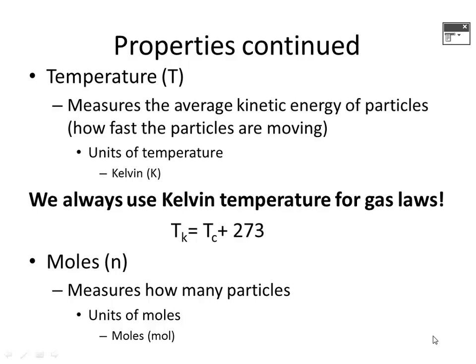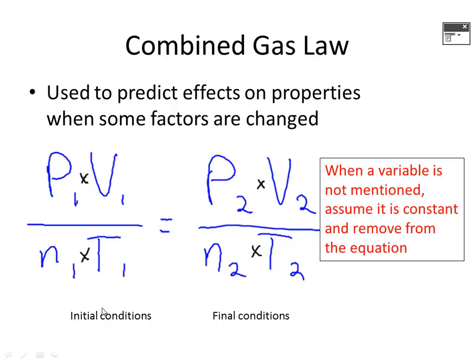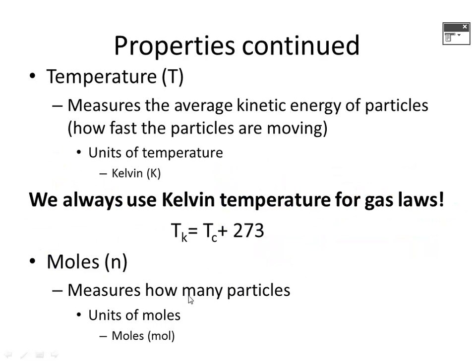So the last property is one that we're going to be reviewing here, and that's moles. The variable that we're going to use for moles is the letter N, because that's the number of particles. It just measures how many particles there are.